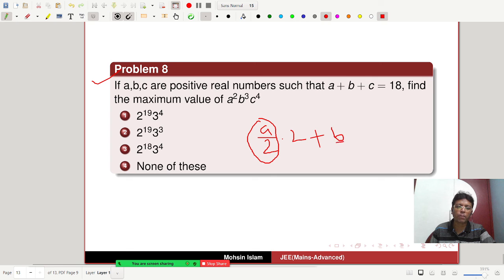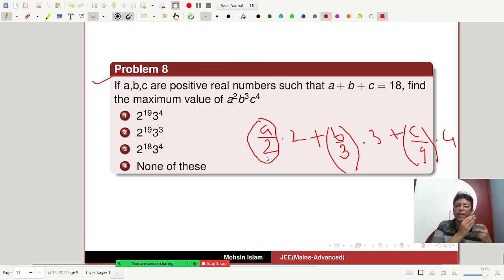If I take the number b by 3 and take the weight as 3, the 3 gets cancelled, you will get b. Lastly, if I take the number c by 4 and take the weight 4, then the 4 gets cancelled. That is your first observation.